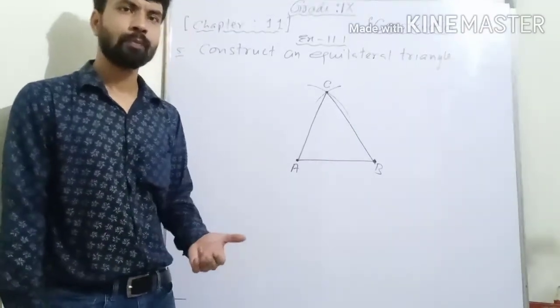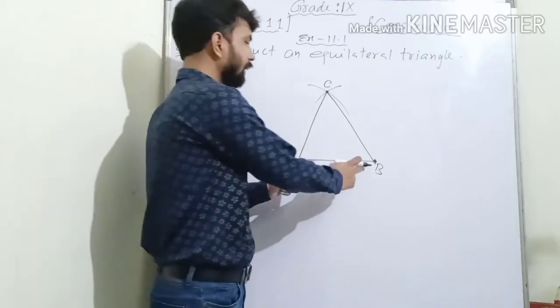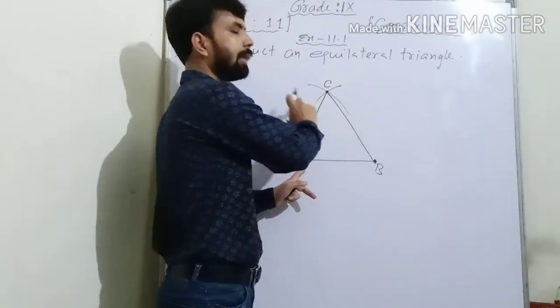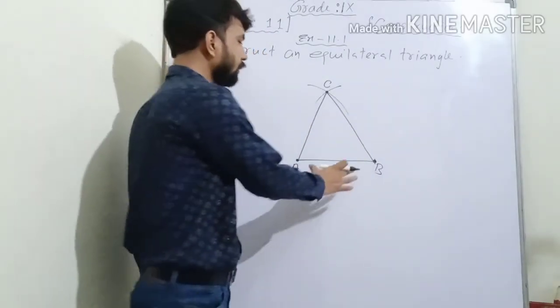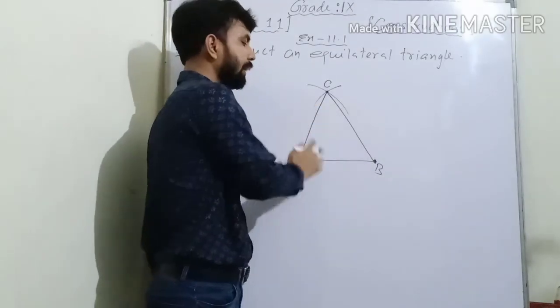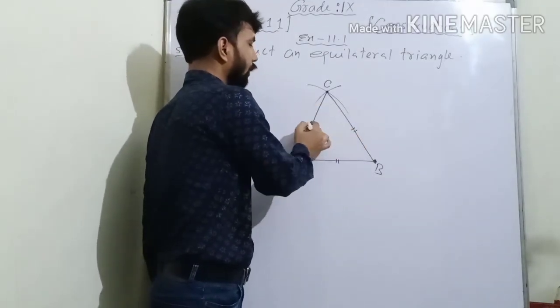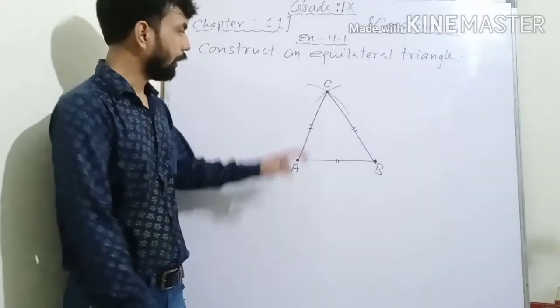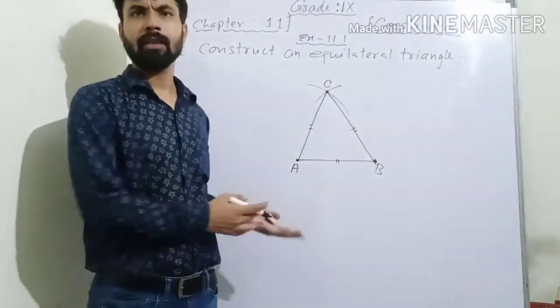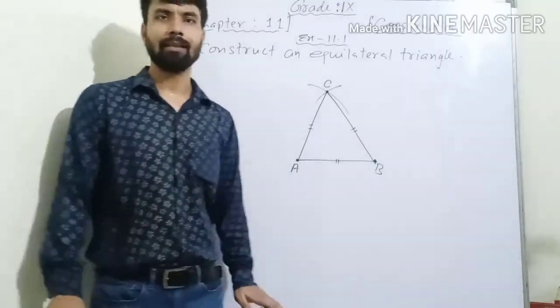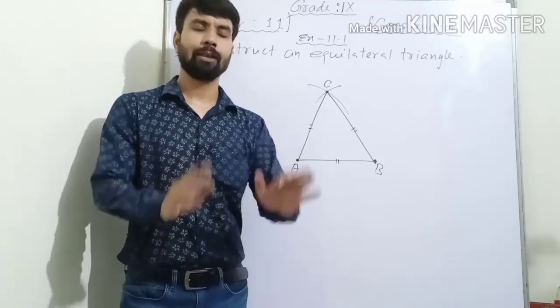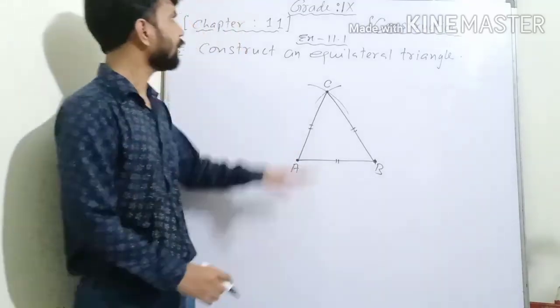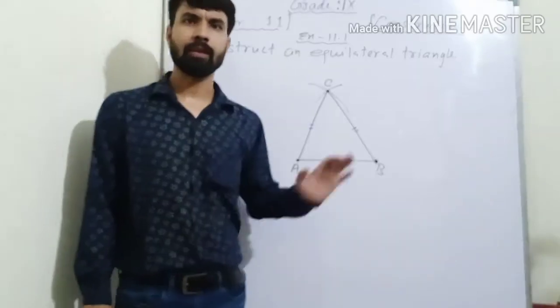You can verify it by taking the distance of all these three sides. Whenever you measure the distance of all these three sides, they will be equal. Clear? So if all three sides are equal, that means it is an equilateral triangle. Got it? Good.